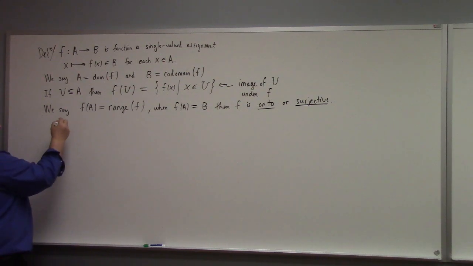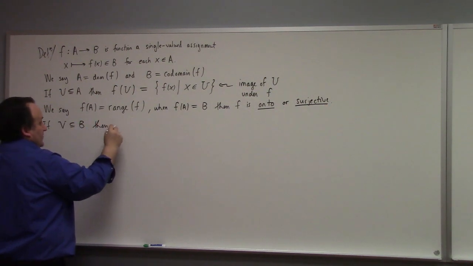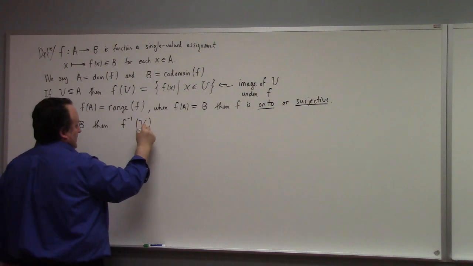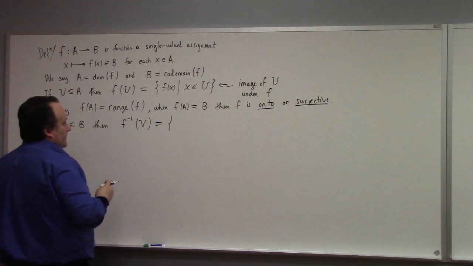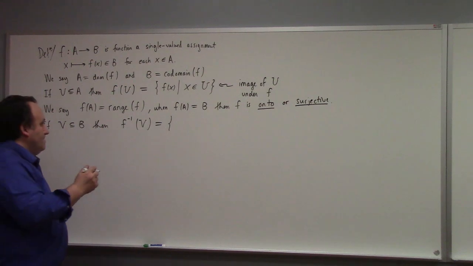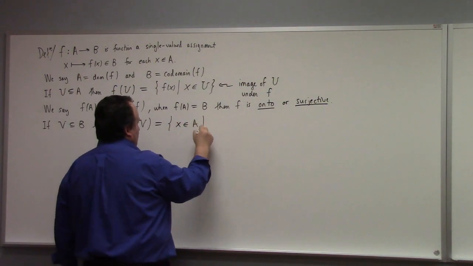There's also something else. If V is a subset of B, then we can talk about the inverse image of V. What's that equal to? So what we're saying is x, an element of A, such that what?